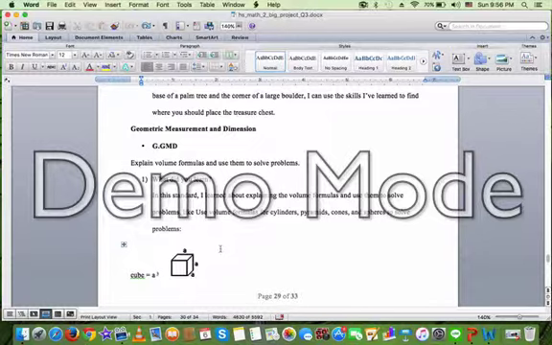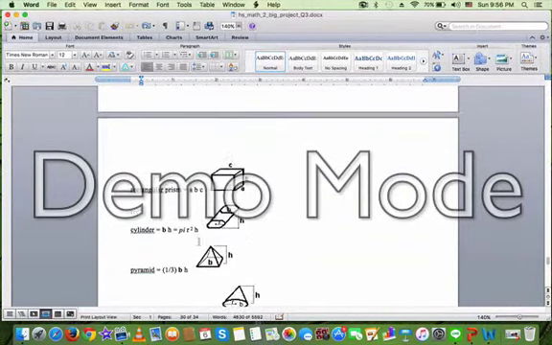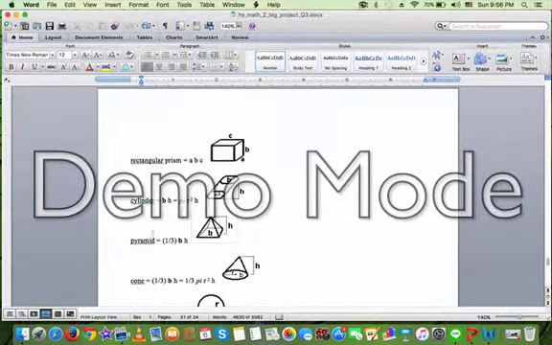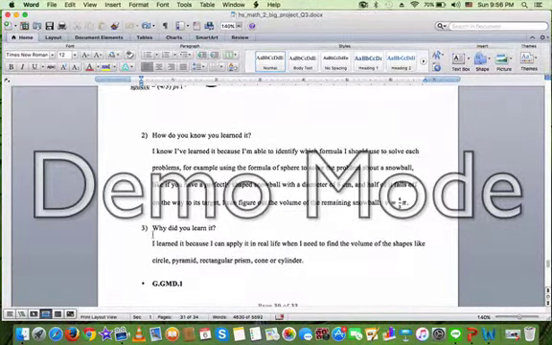And the next standard is about geometric measurement and dimension. So I learned about using the formulas of shapes like cylinders, pyramids, cones, and spheres to solve problems.